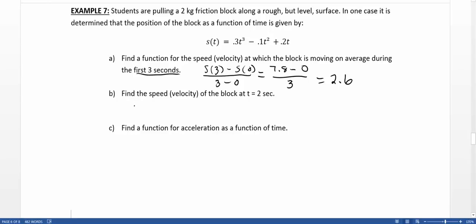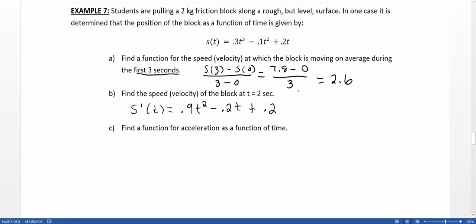So here we're going to take the derivative of position, and the 3 is going to come down and multiply the 0.3. So we get 0.9 t squared minus, now 2 comes down to multiply the 0.1, so 0.2 t to the 1, plus the derivative of 0.2t, which is 0.2.